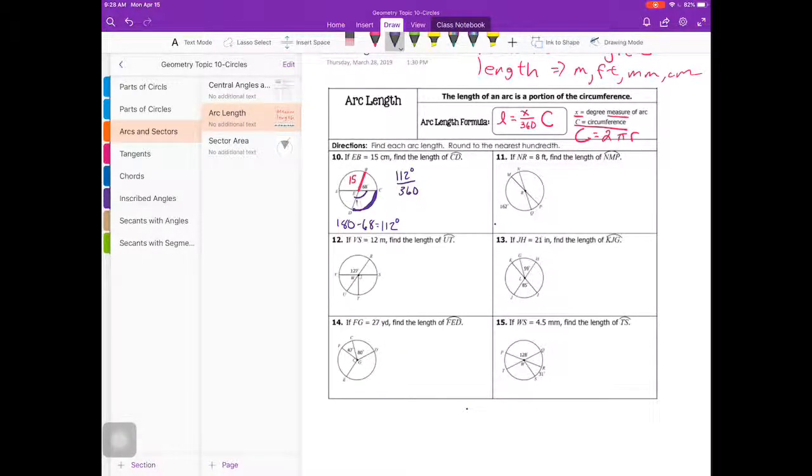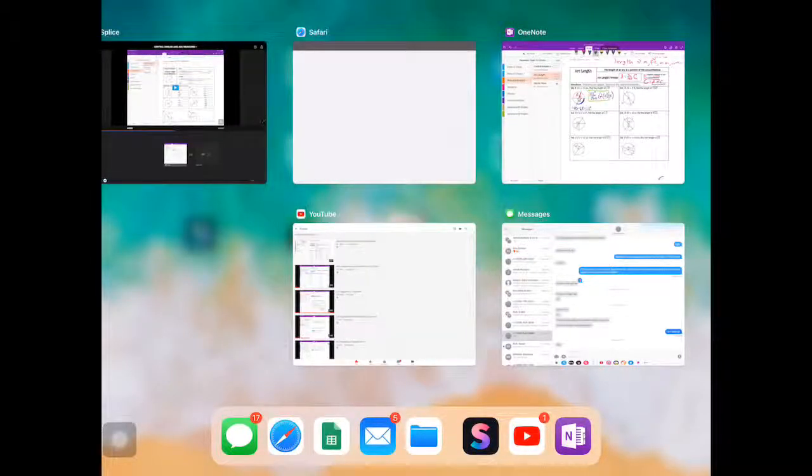So we're going to take 112 out of 360, and then we're going to multiply it by our circumference, which again is 2 pi r. So 2, and I'm going to put my radius here, 2 times 15 times pi. Now, for all intents and purposes, the only part we're going to put into our calculator is this: 112 out of 360 times 2 times 15.